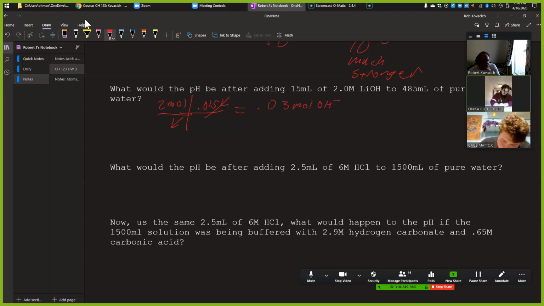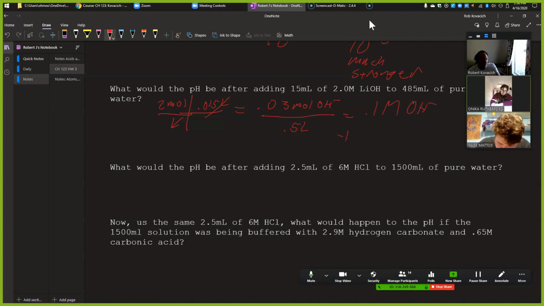So if I divide this by half a liter, 15 plus 485, I get 0.1. So this is 0.1 molar of hydroxide.